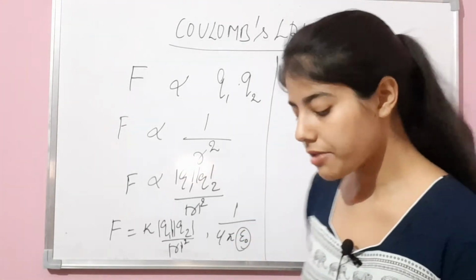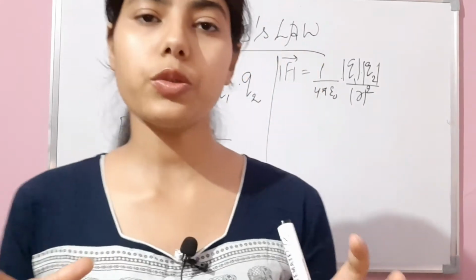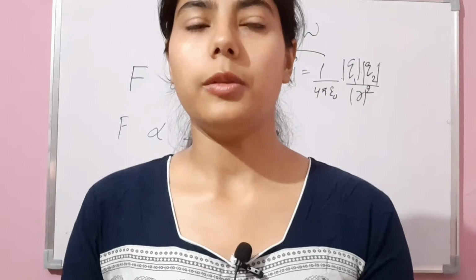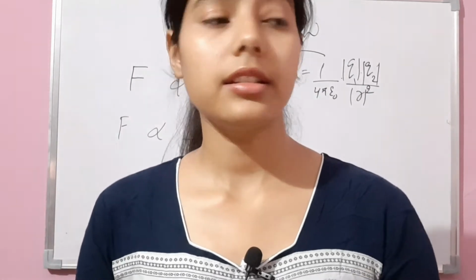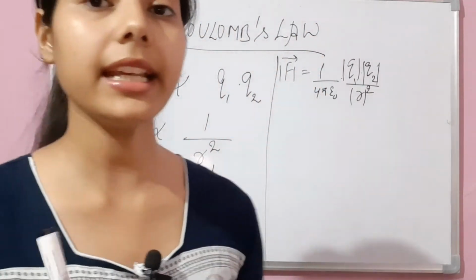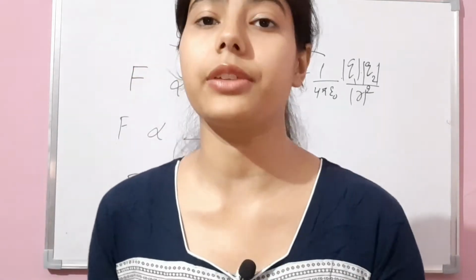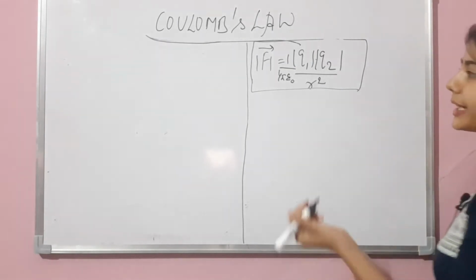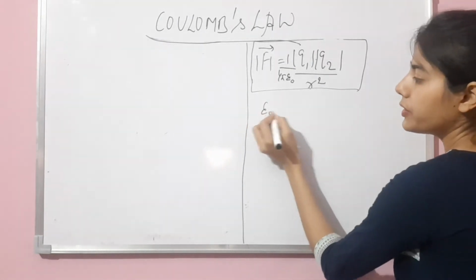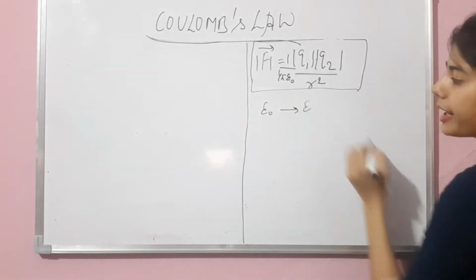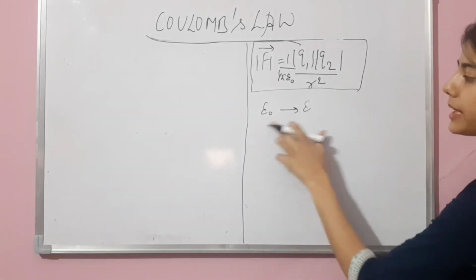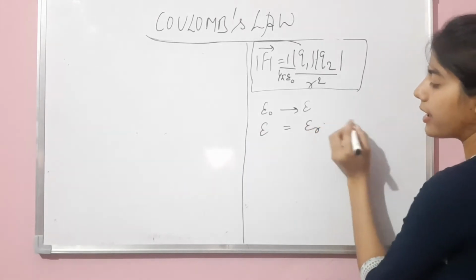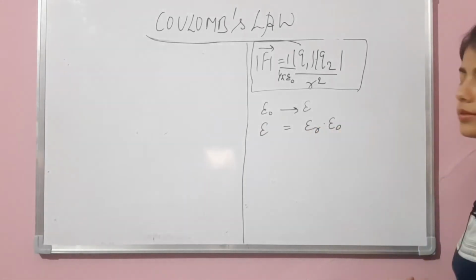Now if we are taking any two point charges that are placed in any other medium, say water, then the magnitude of force will be different. When these two point charges are placed in any other medium, then epsilon naught will be replaced by epsilon. Here epsilon's value is equal to epsilon r into epsilon naught.